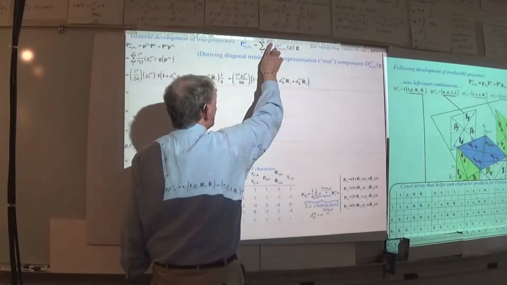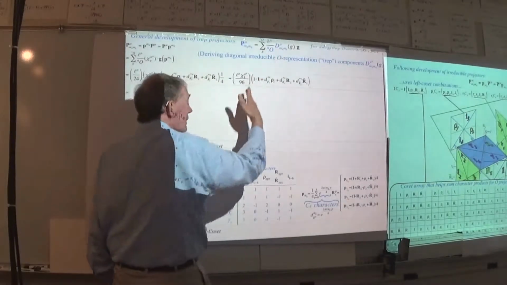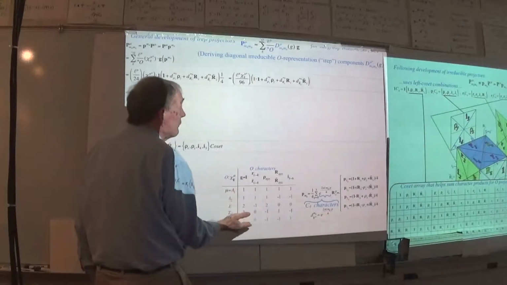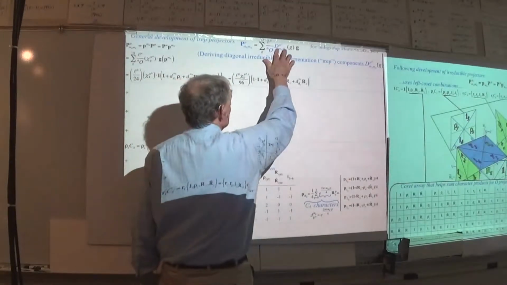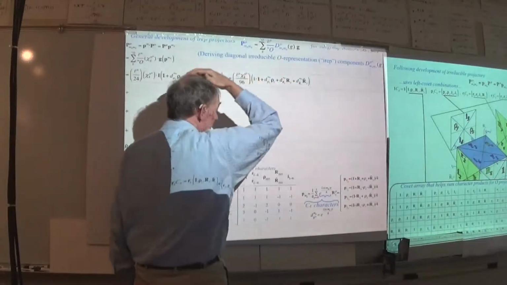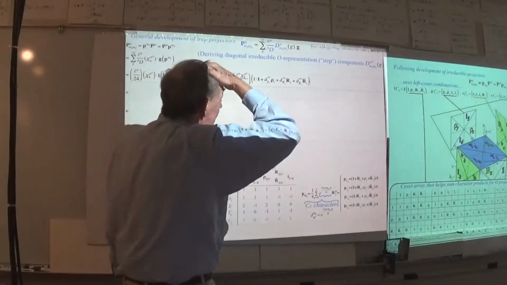That's going to be 3 over 24 for the biggest representations that have 3 dimensions in them. And then we're going to be taking the numbers that we will get. That's what we're after.